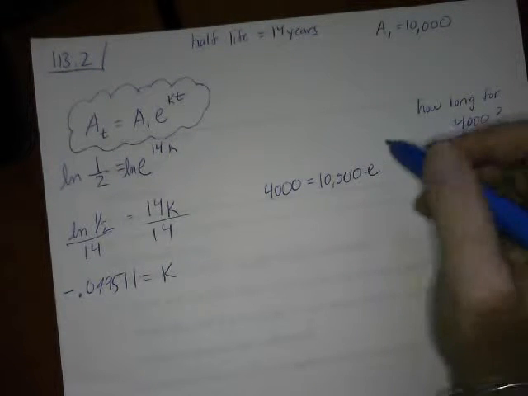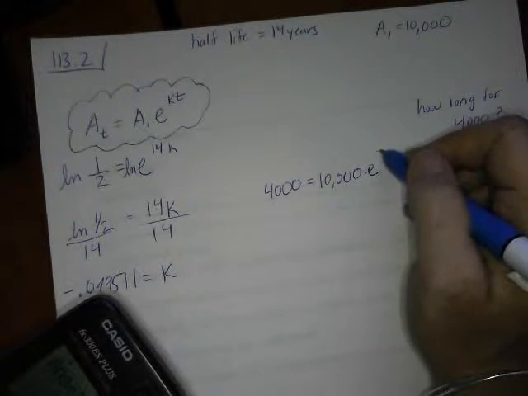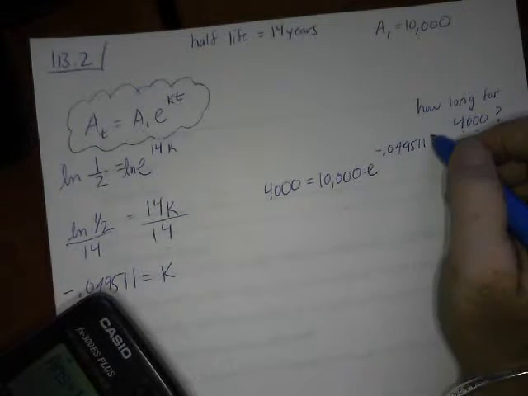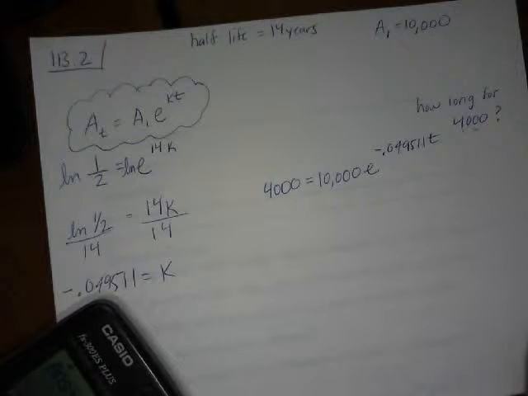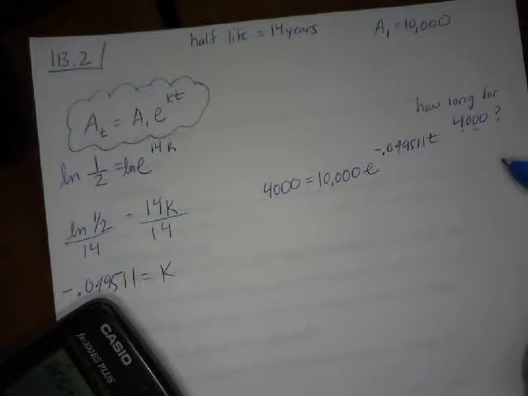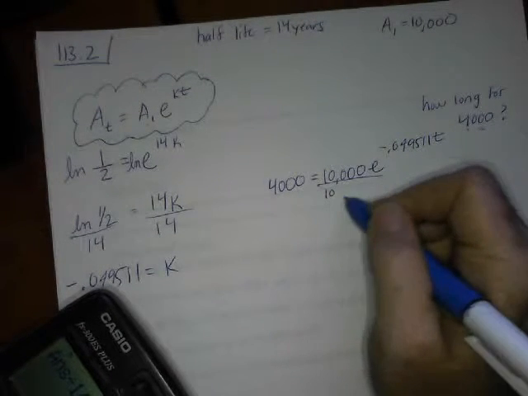e, we know what k is. k is negative 0.049511 t, right? So we want to solve for t. So just divide both sides by 10,000.